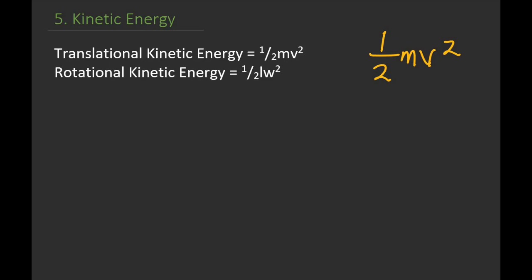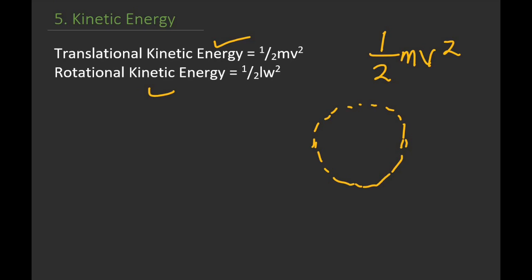For example, a rotating object isn't moving left or right, up or down, forward or backward. So the question is, does a rotating body have kinetic energy? We have two types of kinetic energy, as you can see on the board: the translational kinetic energy and the rotational kinetic energy.